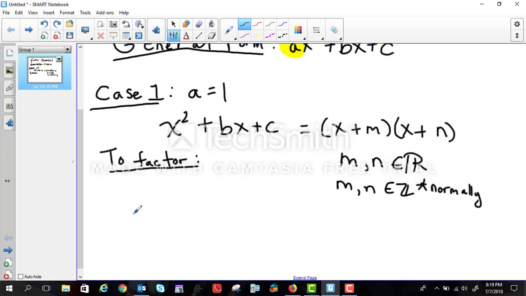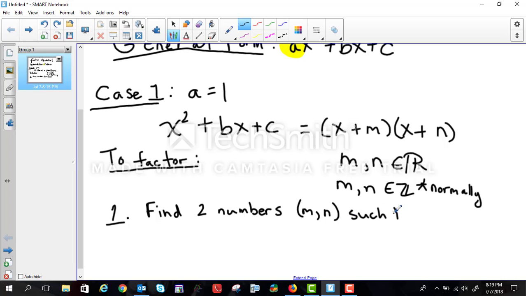Sometimes they are fractions. So to factor, the first thing we're going to do with this type is try to find two numbers, and we've called them m and n, such that there are some conditions about these two numbers that are going to help us find them.